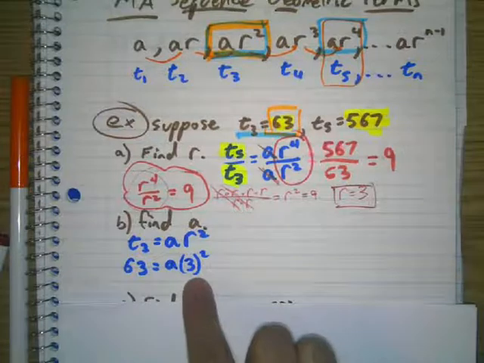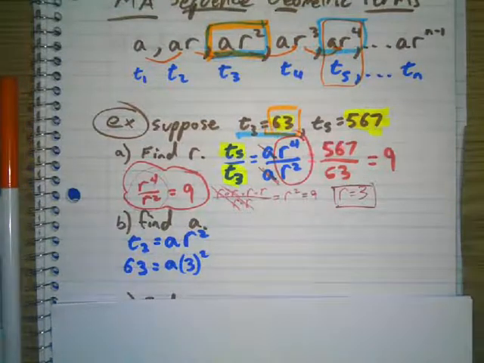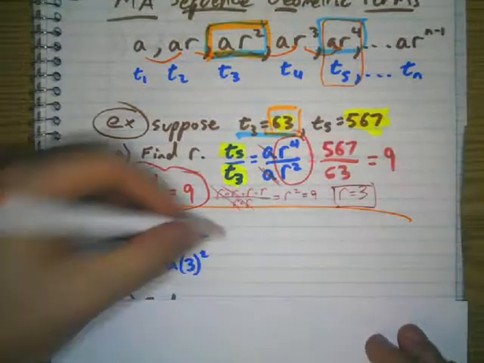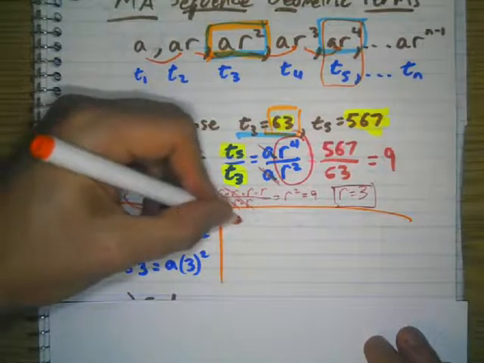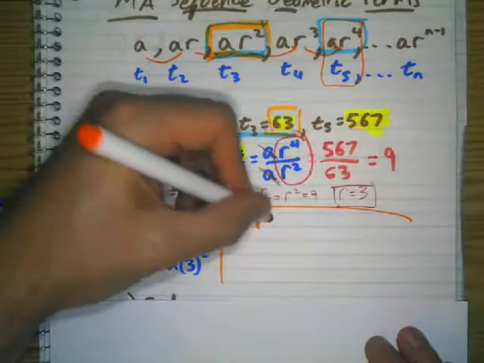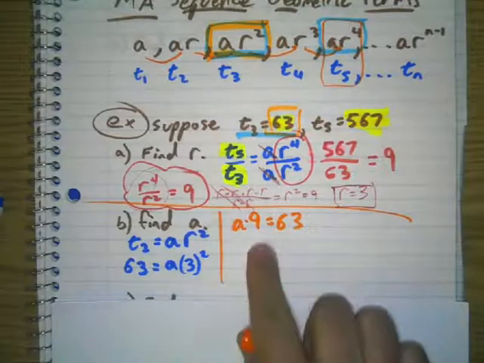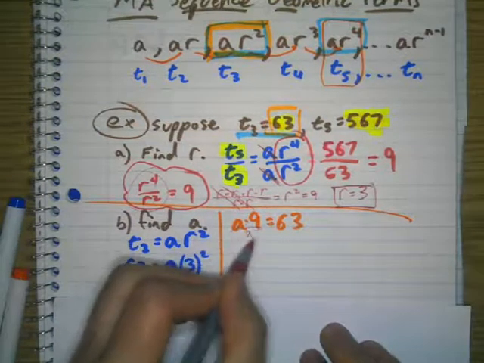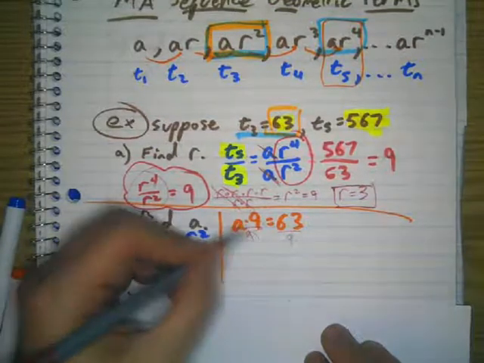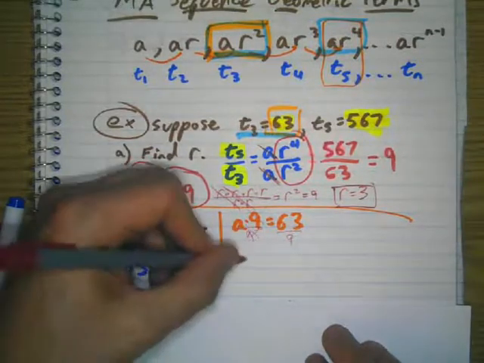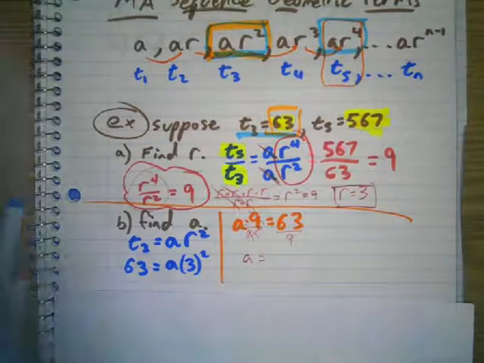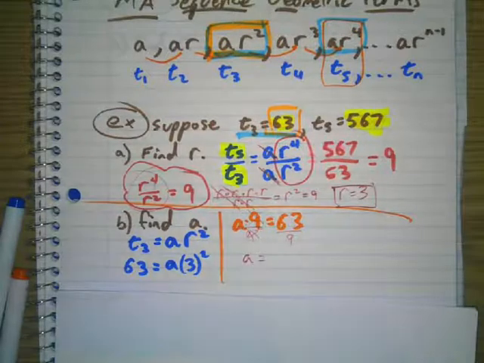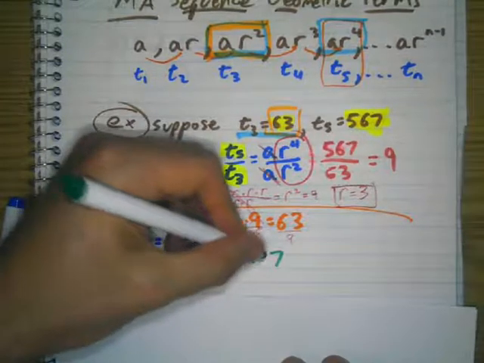Well, 3 squared is 9, right? So we've really got a times 9 is equal to 63. So we can divide both sides by 9, and then we're left with a. And then a is equal to 63 divided by 9, which is 7, right? So now I know that a equals 7.